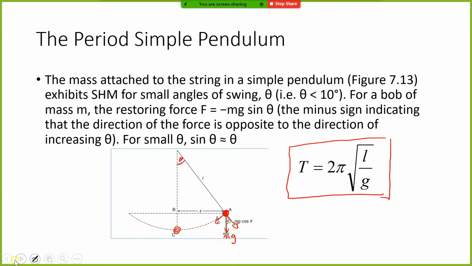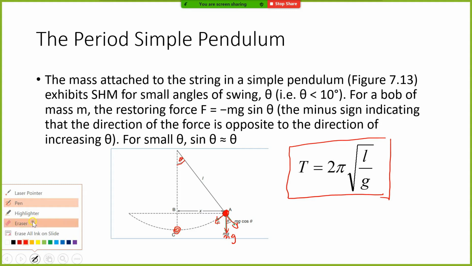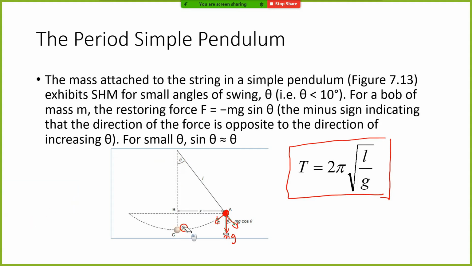Now, one other thing about anything that is in a circle, right? Let me just show you something here. This angle that is inside, that angle that is right here, is the angle that is going to be on the outside here.